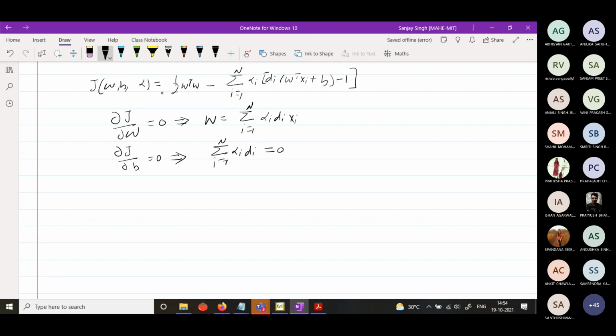Now what I'm trying to do is rewrite this in such a fashion that I can derive the dual problem from it. But before that, let me expand this.